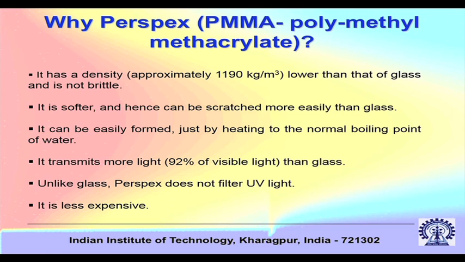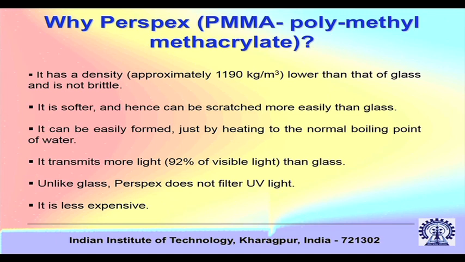It has a density lower than that of glass and is not brittle. It is softer and hence can be scratched more easily than glass. It can be easily formed just by heating to the normal boiling point of water. It transmits more light than glass, and unlike glass it does not filter UV light, and it is less expensive.